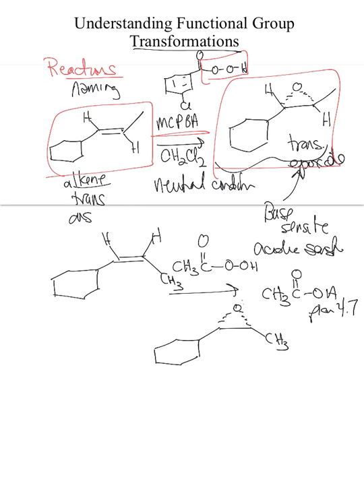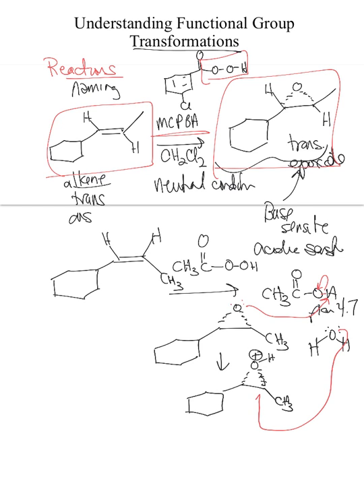So what's going to happen is the epoxide is going to get protonated under these acidic conditions, and then the water, which is always around under acidic conditions, is going to come and open.